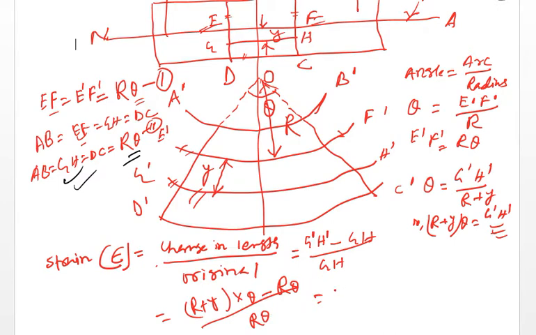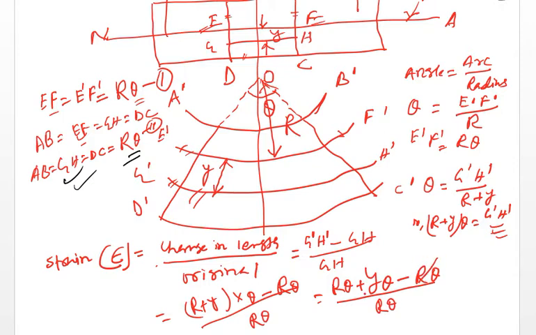So if I multiply (R + y) by θ, then we will get Rθ + yθ minus Rθ, upon Rθ, correct?